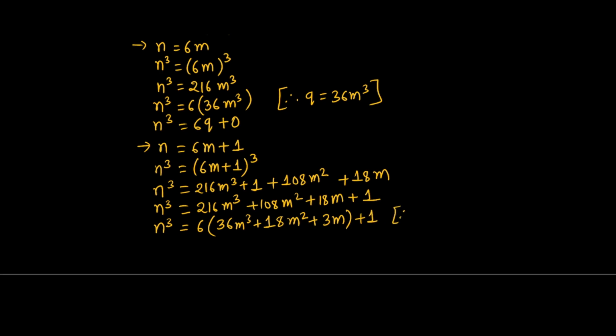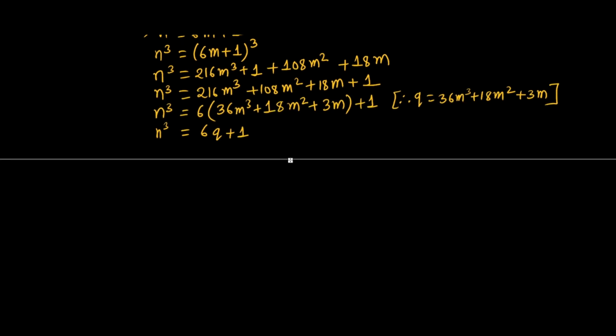So from here we can write q is equal to 36 m cube plus 18 m square plus 3m. So we will get n cube is equal to 6q plus r. So r is 1. So we will move towards the next step.